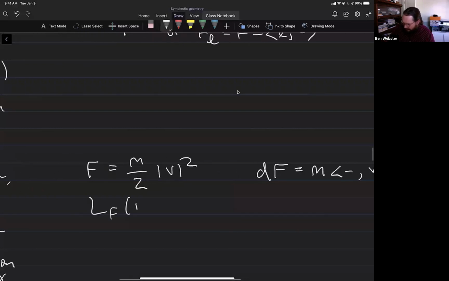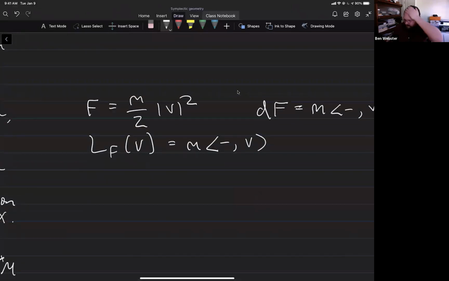LF of v is the linear functional m times this guy with itself. And now what I have to think about is what's LF inverse? Oh, sorry.